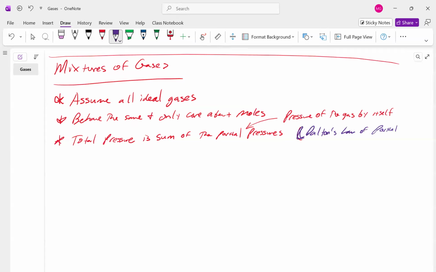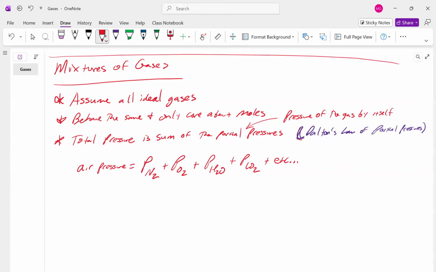And it basically just means, and let's take air, for example. Air pressure is the sum of the pressure nitrogen exerts, plus the pressure oxygen exerts, plus the pressure of the water vapor that's in the air, plus the pressure of carbon dioxide that's in the air, plus whatever super minor components of gases there are in the atmosphere.